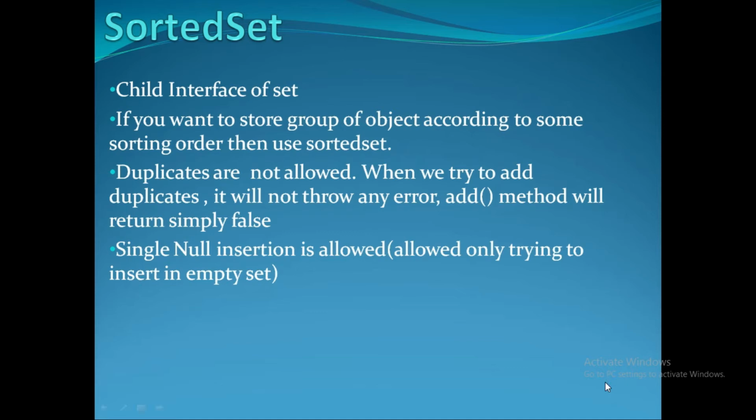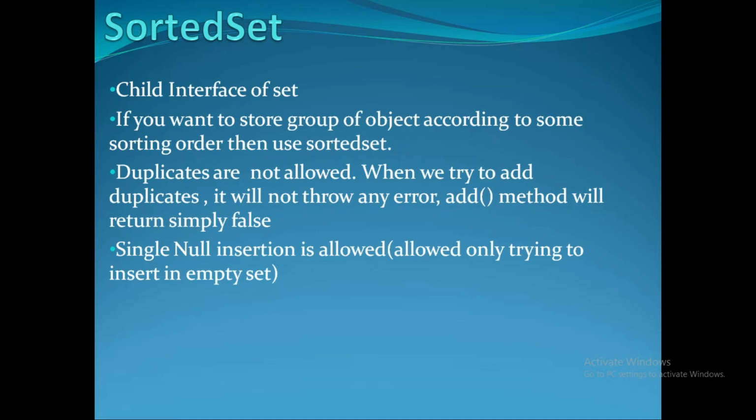Consider we are adding at the beginning, in an empty set. At the start there is no comparison and the element is directly stored. That's why null is allowed. Now consider we are trying to add an element in the middle, where some elements are already present in the set.